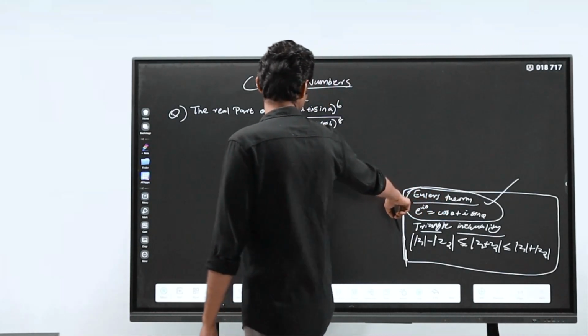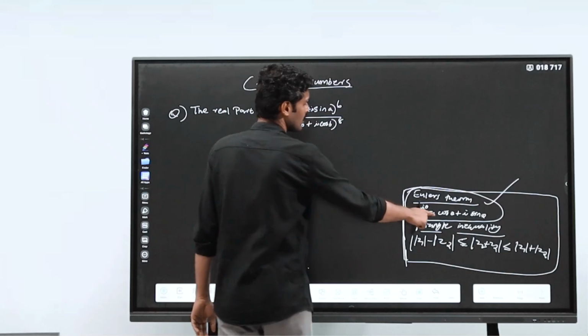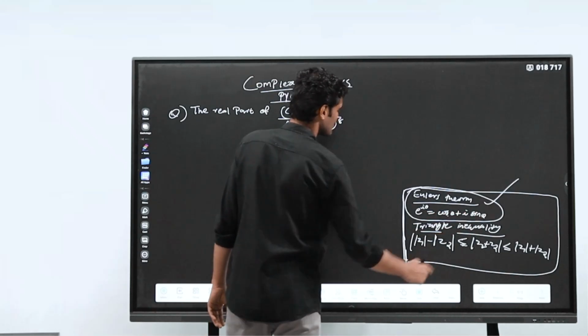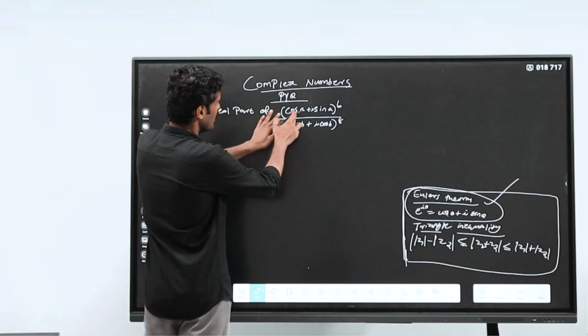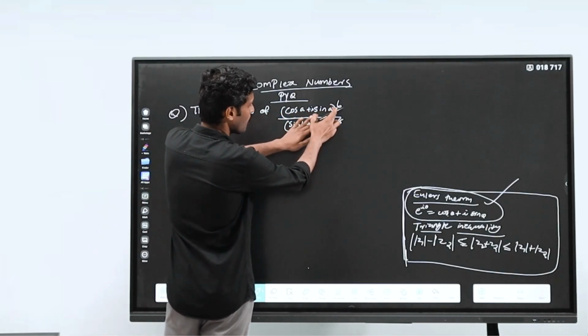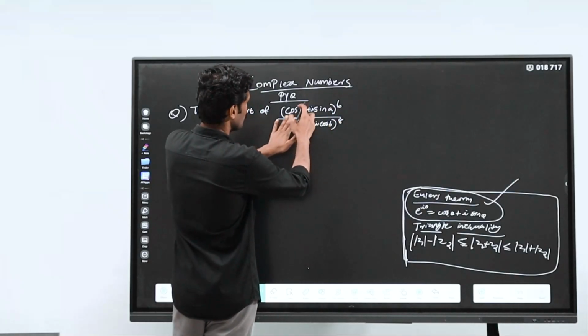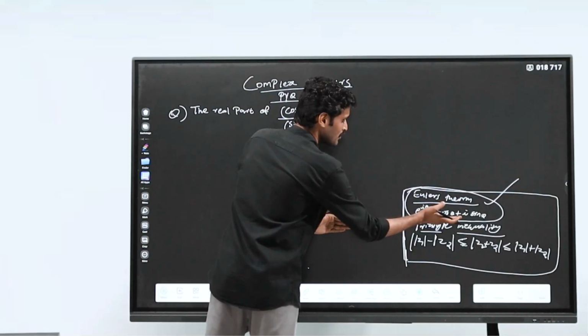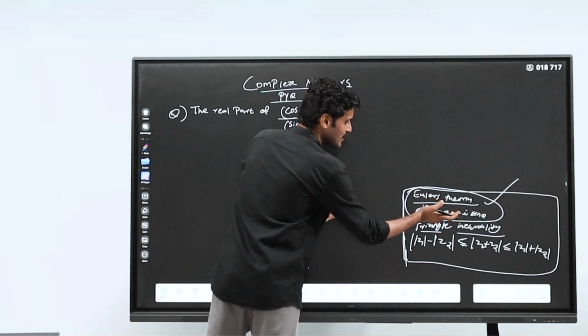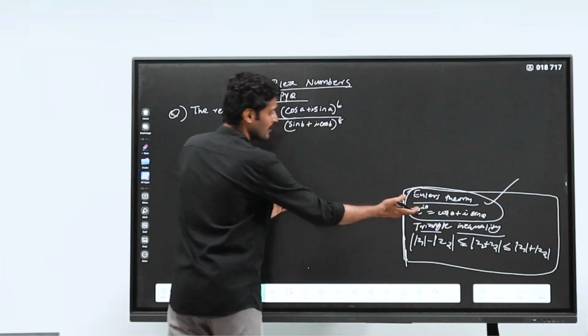Euler's theorem, as we know, says e raised to i theta equals cos theta plus i sin theta. From the top, we can see (cos A plus i sin A) whole raised to 6. That is the right side of Euler's theorem.